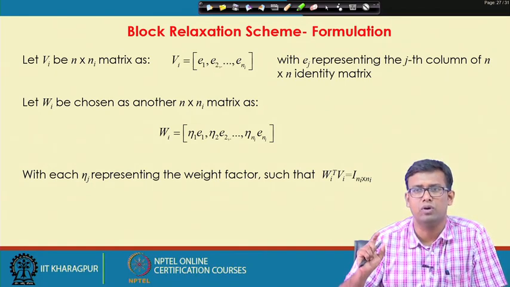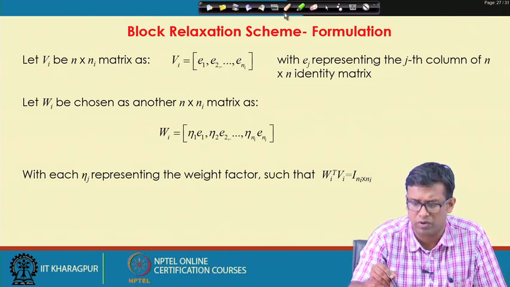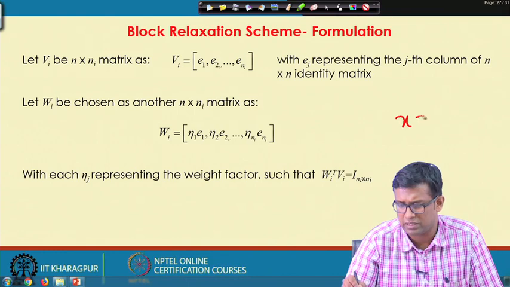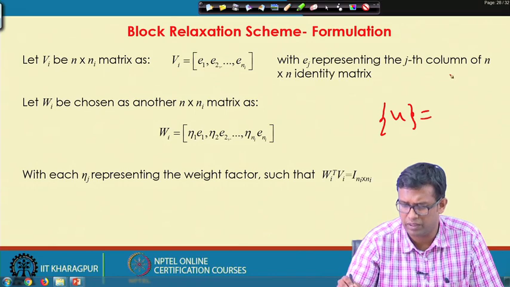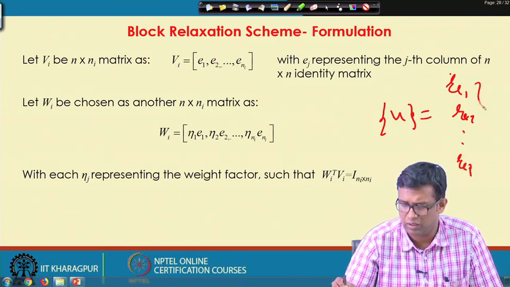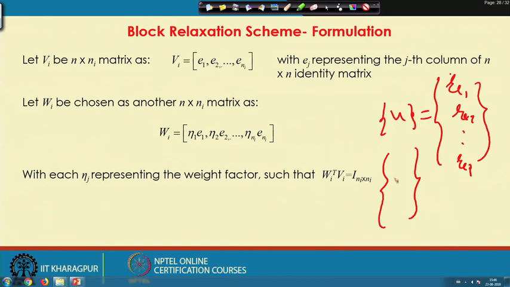say x_i2, which will be after x_i1. Or we can write that the U matrix will be x_i1, x_i2, and so on, up to x_ip. So, if I find x_i2, that will come in one particular location of the U matrix.